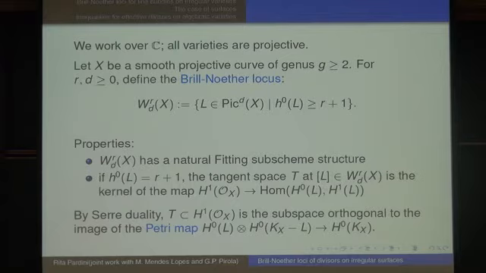This is just cup product, it's just multiplication of sections. And if you think for a second, H1 of O_X and H0 of K_X are dual vector spaces, and the tangent space is the annihilator of the image of the Petri map.